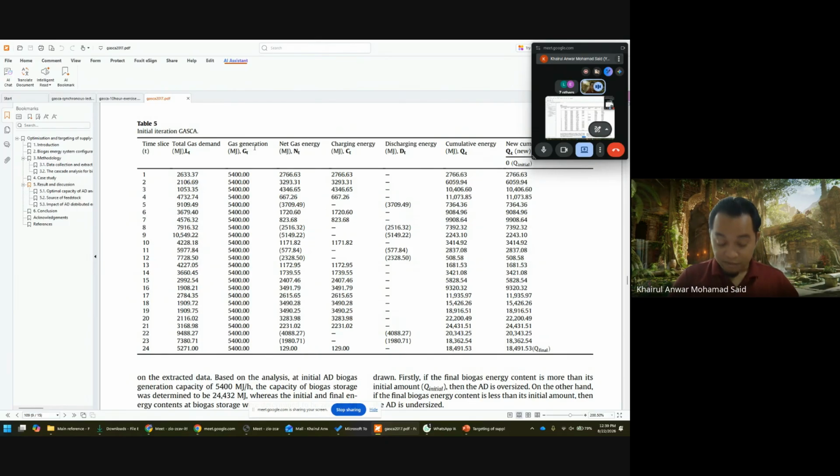We don't know yet the actual value for GT, so we need to recalculate after each iteration. So in this paper, why does it start at 5400?